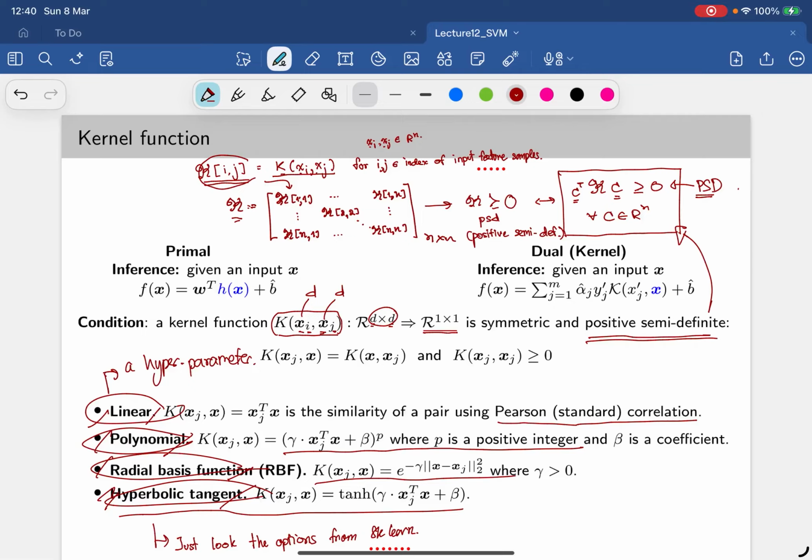The most systematic way to find the most suitable function is by choosing it using the validation phase, right? So you have a training phase to tune the parameters like alpha and beta, and that would turn into b and w for the hyperplane.